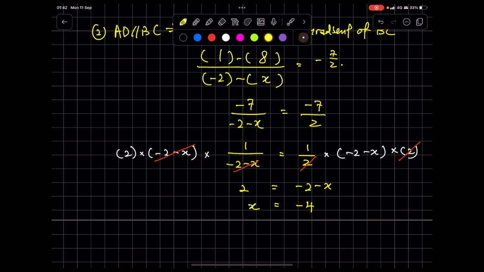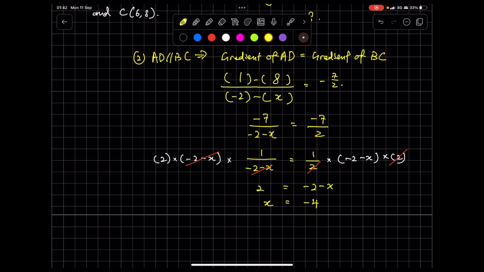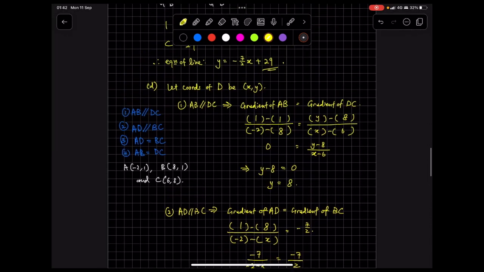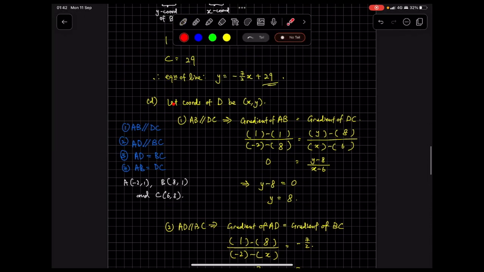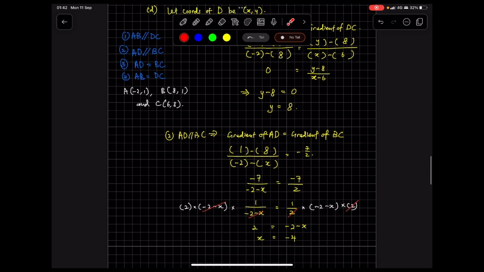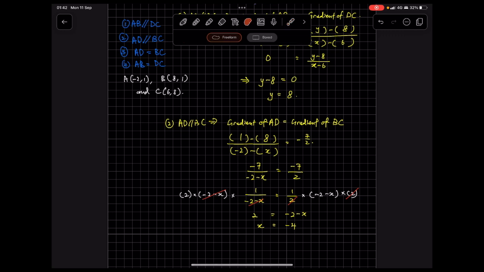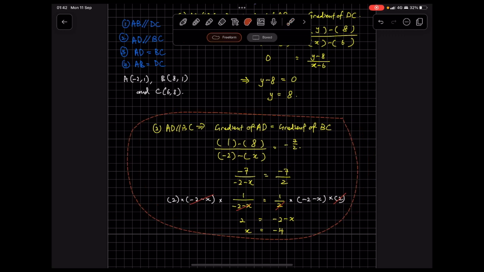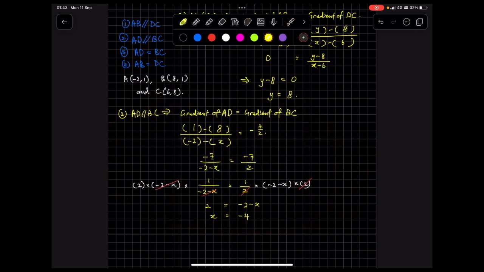Which means we have found the coordinates of point D, because I let the coordinates of point D be x, y. We have found our x value and our y value. Therefore, coordinates of D is -4, 8.